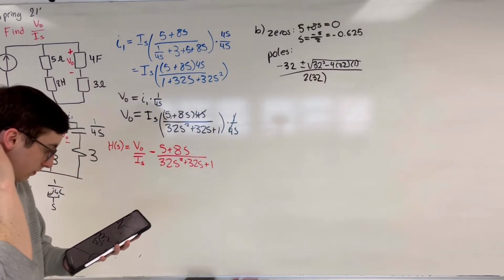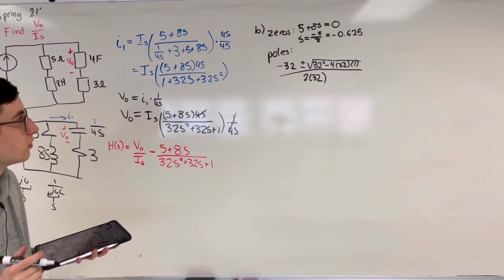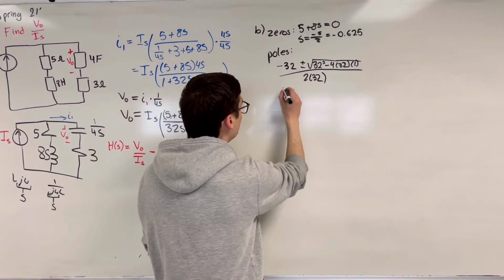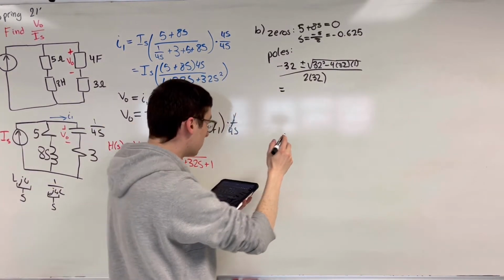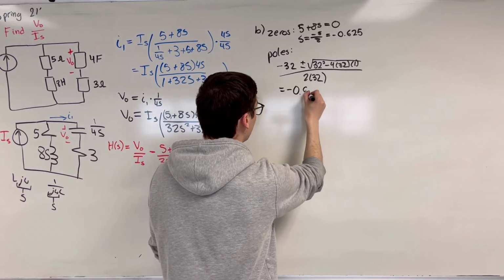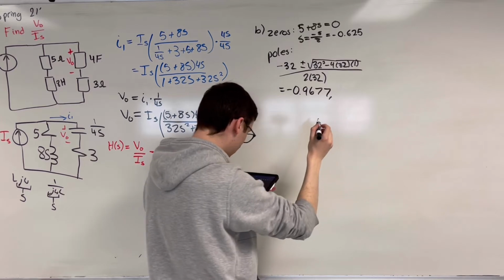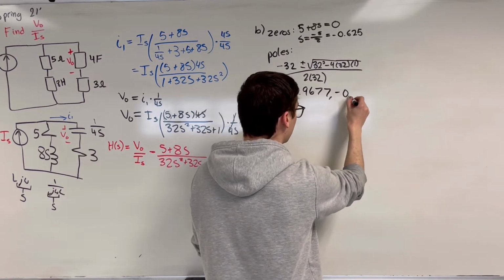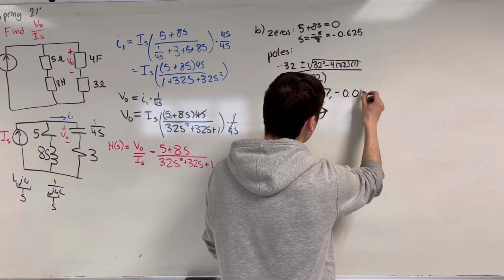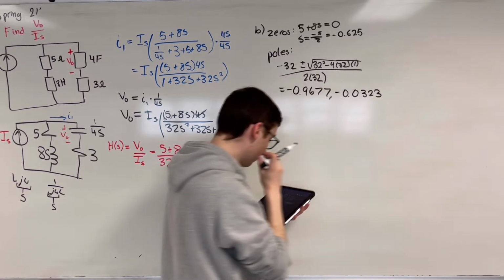After doing that in your calculator, you find you have two poles: one at negative 0.9677 and another at negative 0.0323.